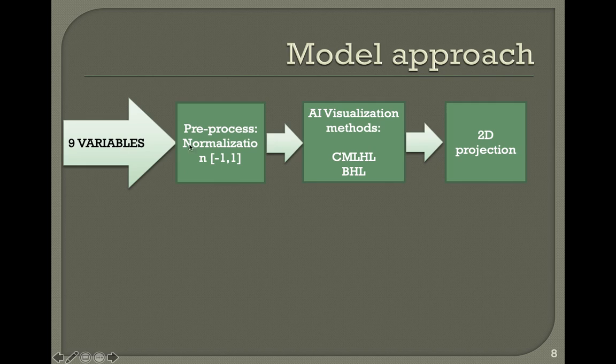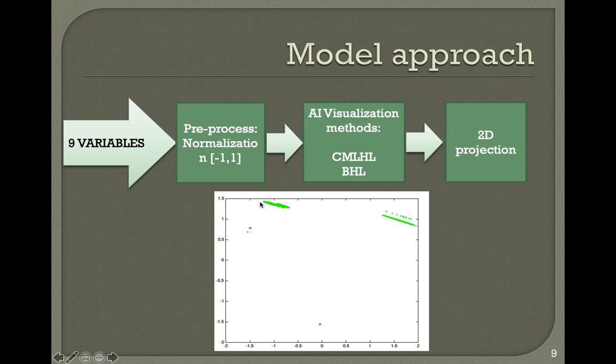We'll make a pre-process of the data with a normalization between -1 and 1, and then we'll apply the artificial intelligence visualization methods. In this case, cooperative maximum likelihood Hebbian learning and beta Hebbian learning. And finally, this obtains a two-dimensional projection where we can see the normal behavior of the system and the attacks.